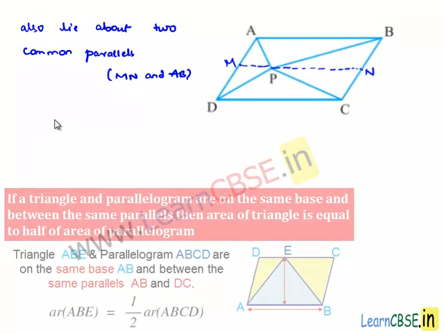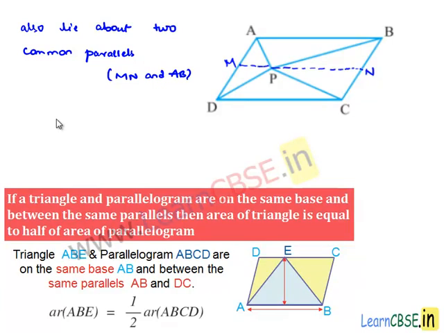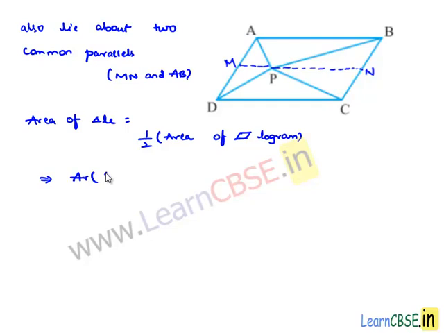We know that when a triangle and a parallelogram lie between the common parallels and have a common base, area of triangle will be equal to half times area of parallelogram. That is here area of triangle APB is equal to half times area of parallelogram ABNM. Let it be equation number 1.